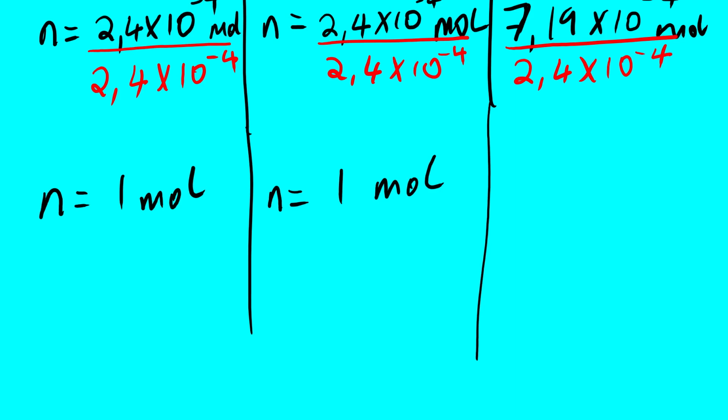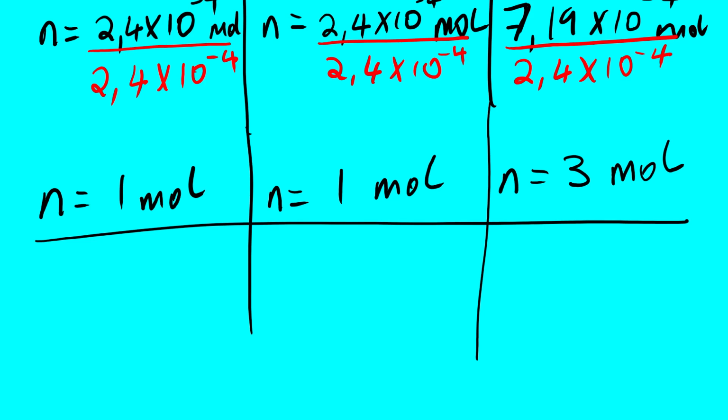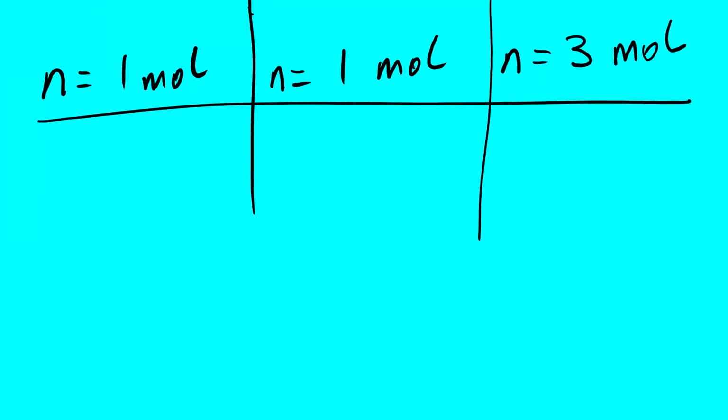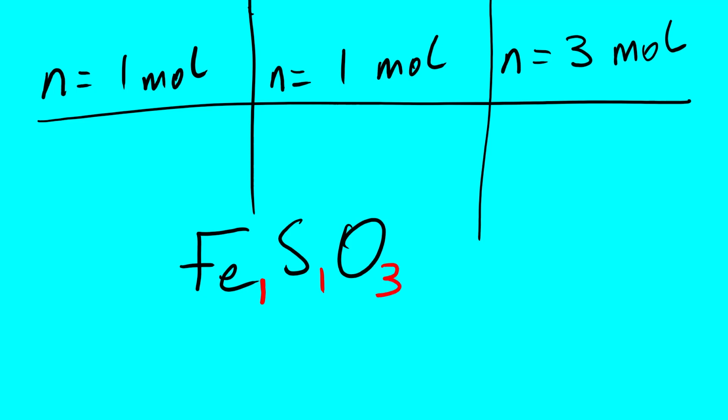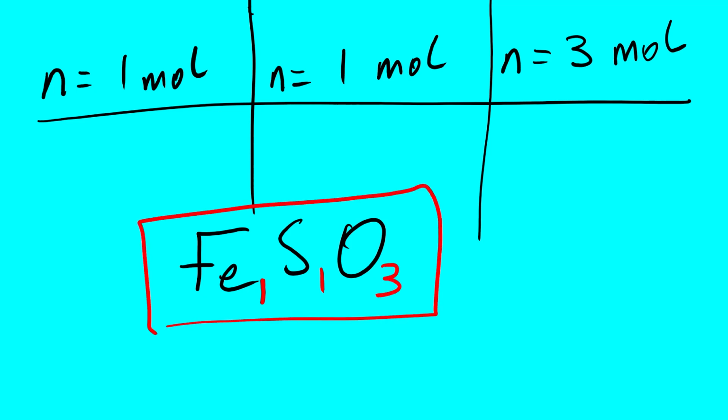And then let us quickly punch this onto the calculator. This one we have 3 mole. And from here we can conclude that our empirical formula is Fe with 1, then sulfur also 1, then oxygen 3. So this is our empirical formula.